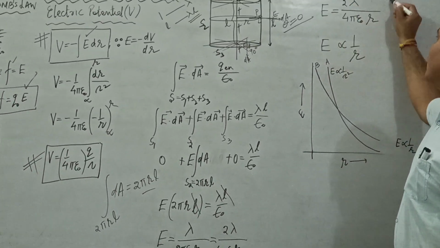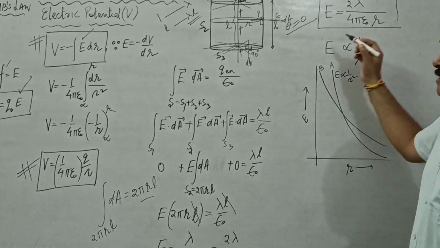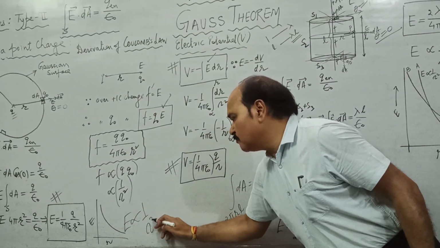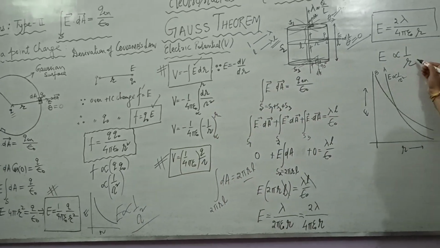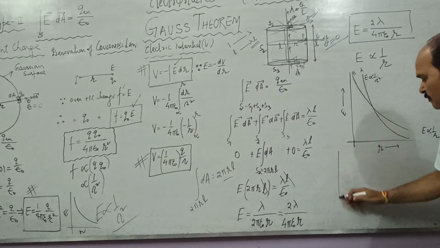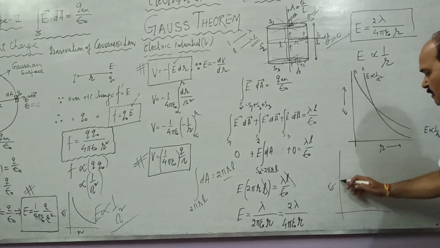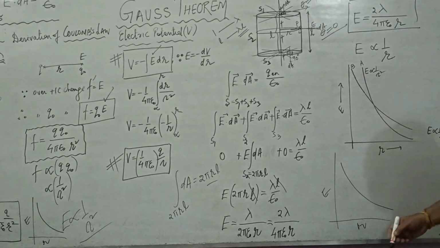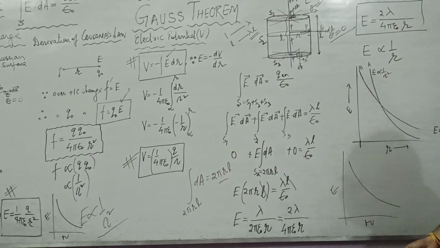Well, we can see that E is inversely proportional to r. E due to a point charge is inversely proportional to r square, but E due to a line charge is inversely proportional to r. If you plot a graph between E and r, it is again going to be a rectangular hyperbola. But what is the difference between the two?